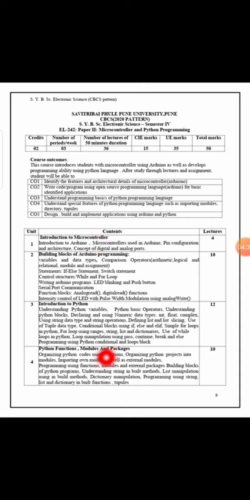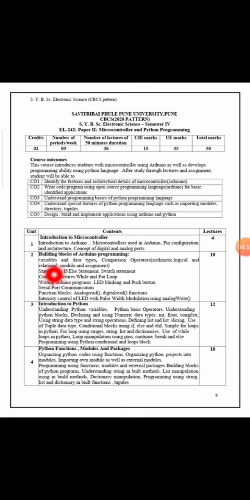So let us start the syllabus discussion. Chapter 1, Unit 1, that is Introduction to Microcontroller. Microcontroller and microprocessor, there is a huge difference between these two devices. Microcontroller is an on-chip system, which means your whole computer can be designed on a single chip, and that is known as a microcontroller. It is a very interesting topic.